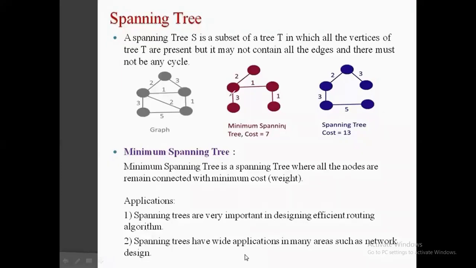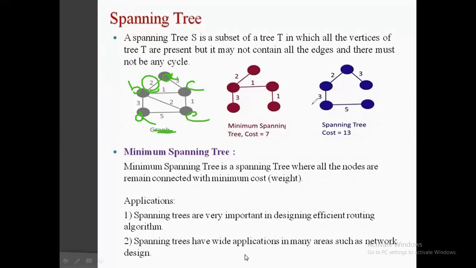Here you can see one graph having A, B, C. Let us take C, D. And these are the vertices, and these are the weights of the edges. There are two possibilities to generate the spanning tree from the graph.